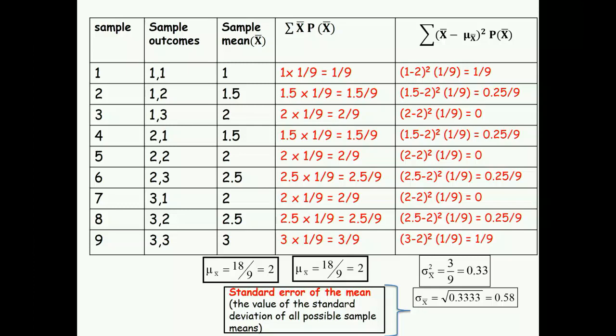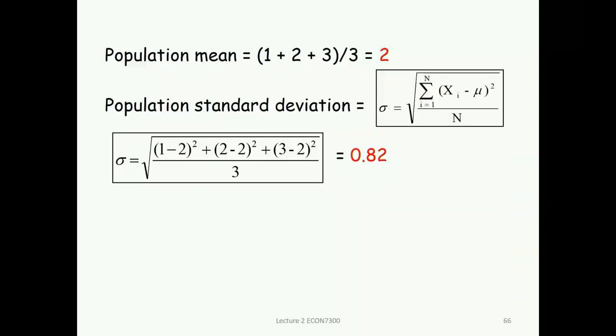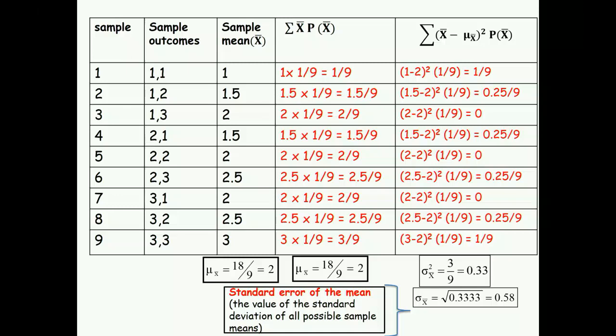Now, instead of doing that, I can easily find this number. Keep in mind, it is 0.82. I can find this number just by making 0.82 divided by the square root of n. I have 2 numbers always. So if I make the population standard deviation divided by the square root of n, it would give me the same value.